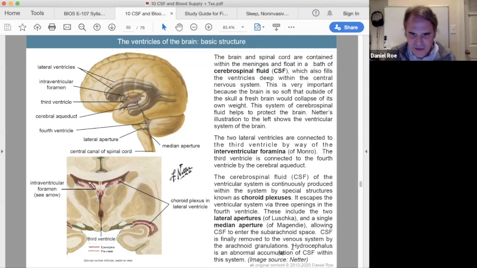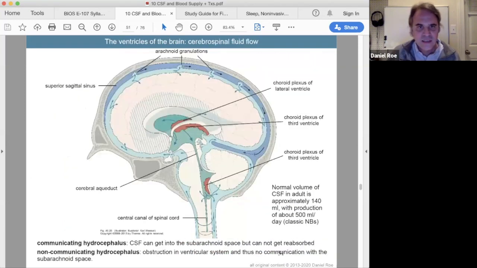Here we talk about hydrocephalus, which is an abnormal accumulation of CSF within this system. We'll see some examples of what that looks like here. So this is another illustration. CSF is produced in the choroid plexus of the lateral ventricles, third and fourth ventricle.